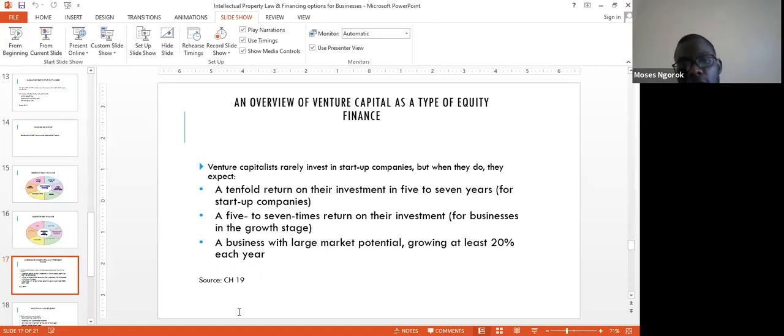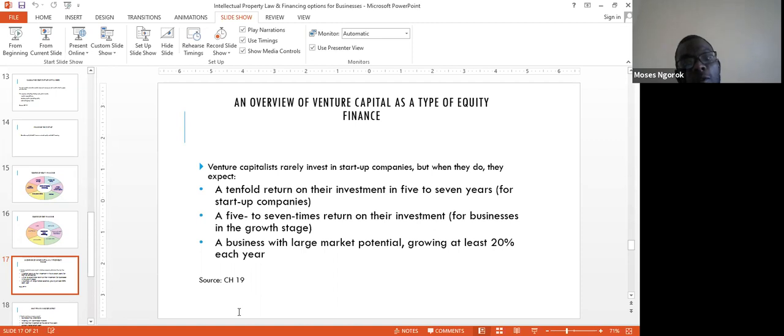Now, a venture capitalist, like I've mentioned, is usually an institutional investor, meaning that it's a company that does investments as a business. Their job is to identify good businesses, see their potential, put in money, and then reap a benefit from that.